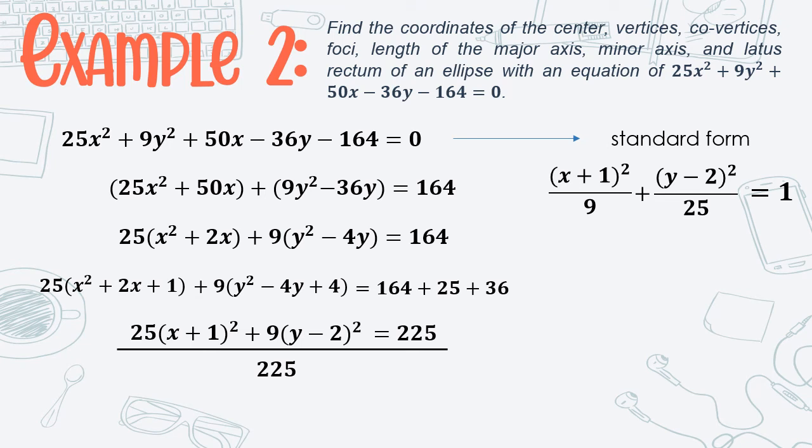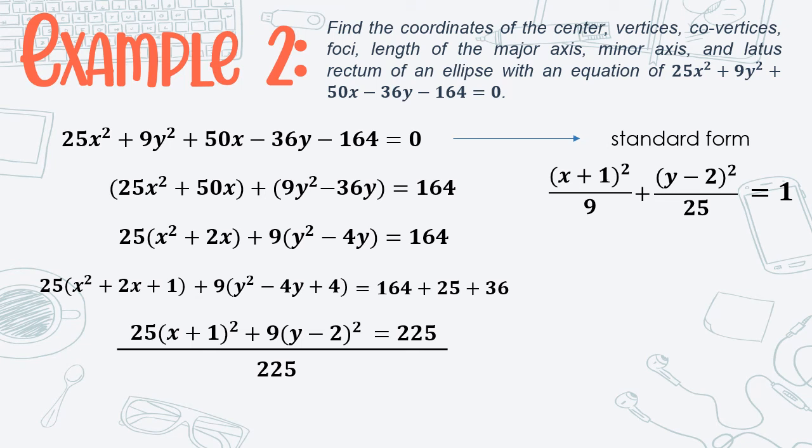If you look at the denominators of our standard form, you can see that 25 is bigger than 9. So what does it mean? 25 will be our a squared because that is bigger. And in this case, a squared is under (y minus 2) squared.